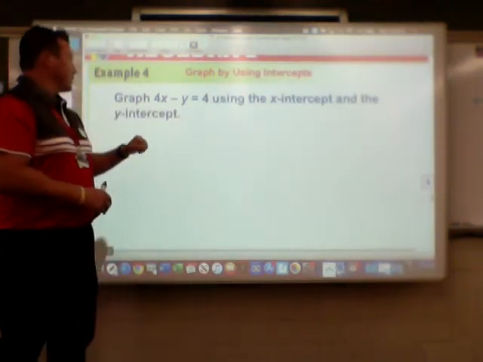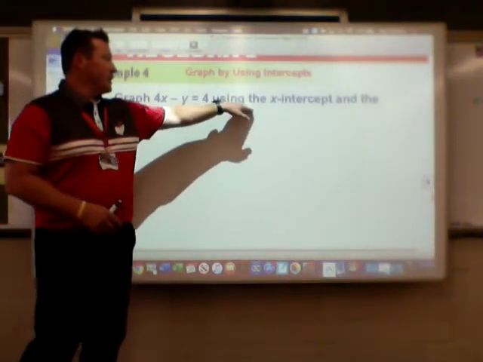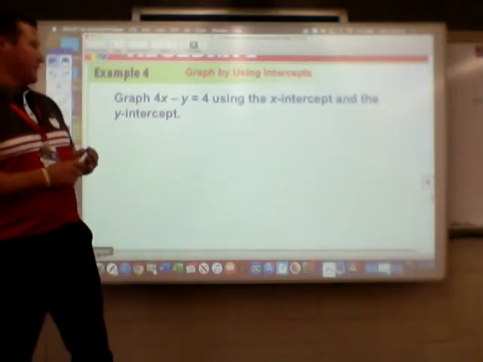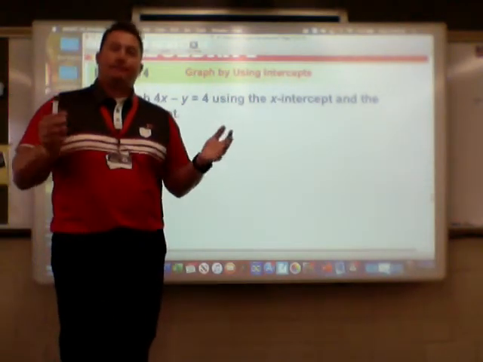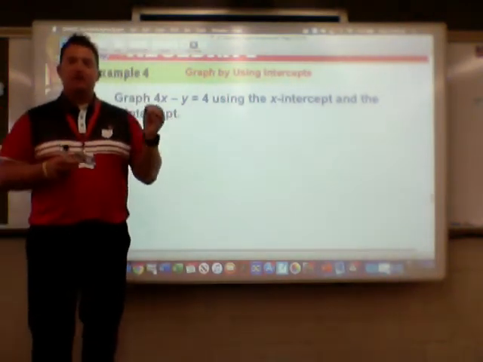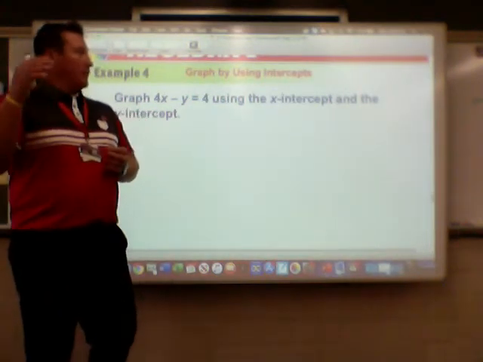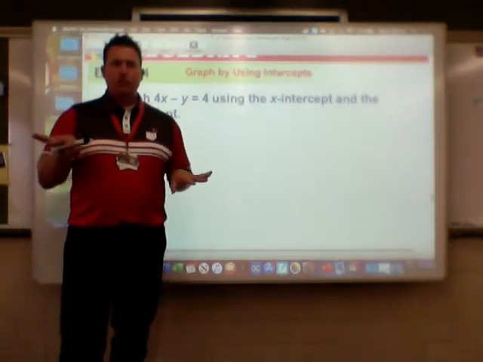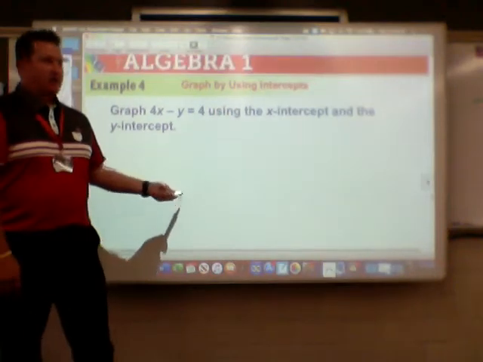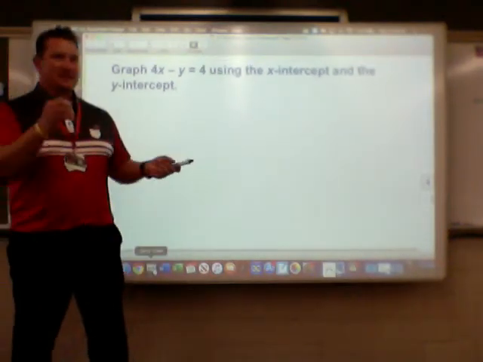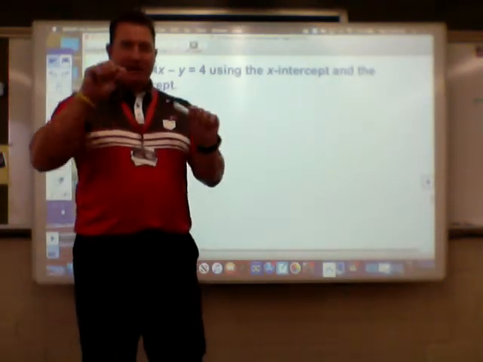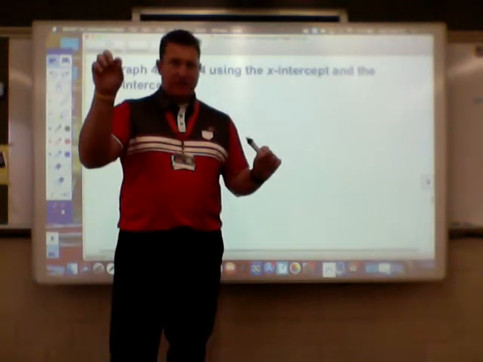Here we go. Graph 4x minus y using the x-intercept and the y-intercept. So we're going to get into graphing, guys. I'm going to show you just how to hand graph these super quick. Because think about it, if it's linear, it's just going to make a straight line.